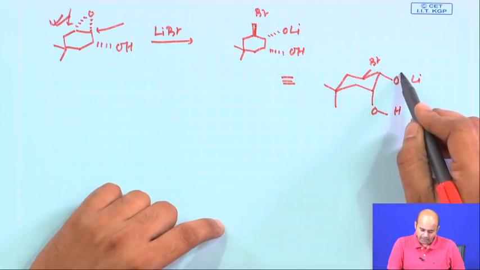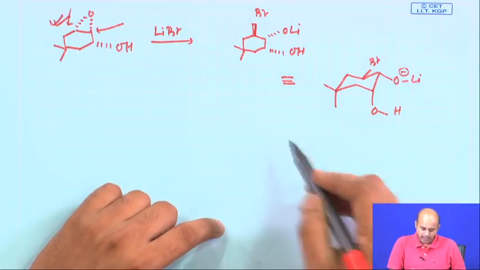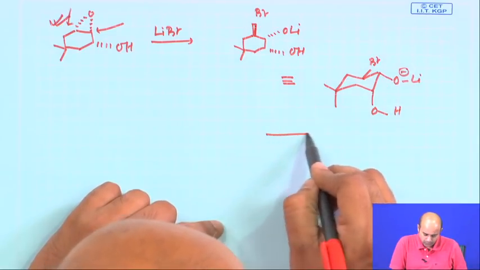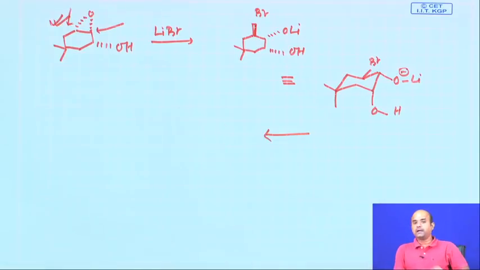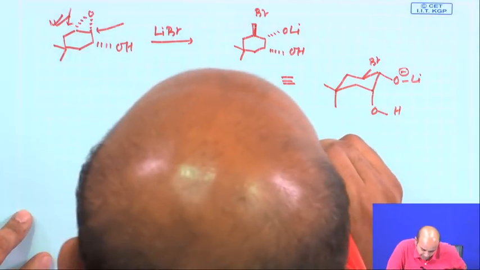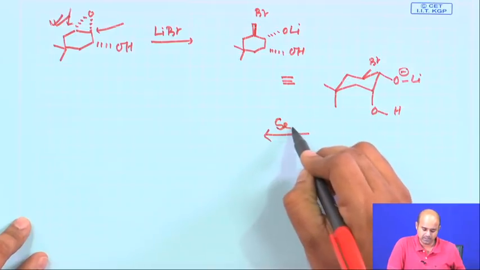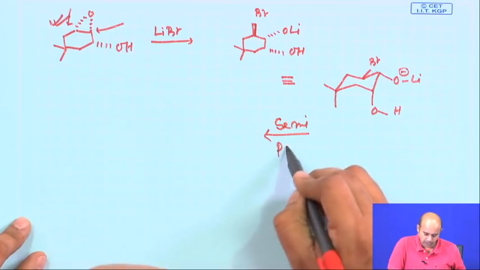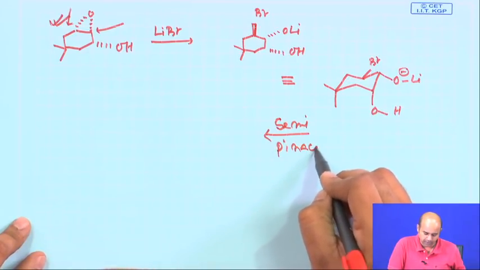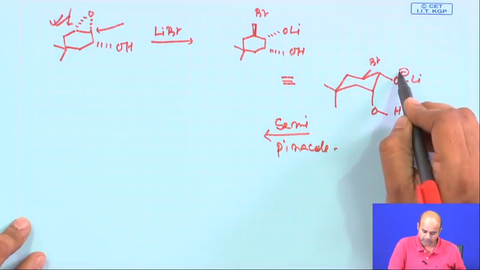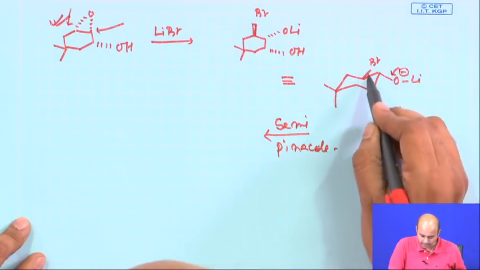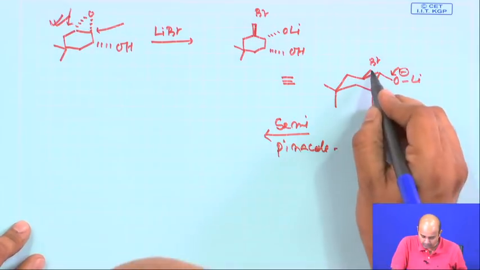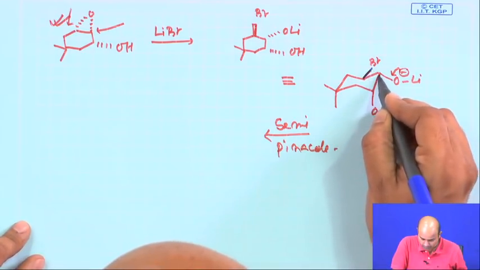Now, this is O minus and all of us know 1,2 anti geometry, it will undergo a semipinacol type of pinacol-pinacolone rearrangement. This bond is anti.